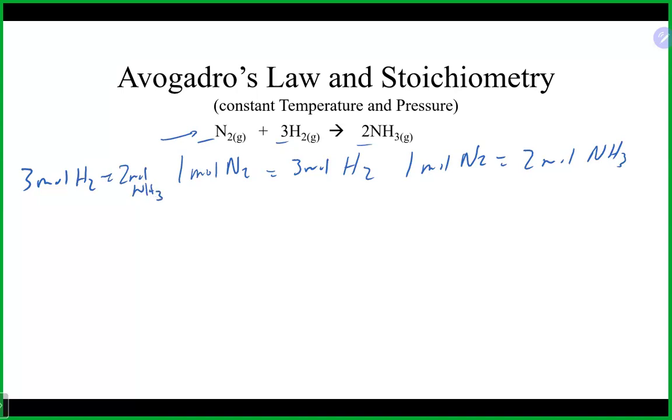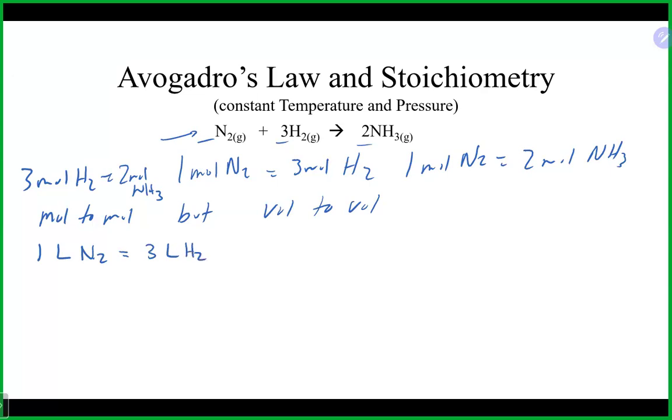But under these conditions, if we're dealing with a gas under constant temperature and pressure, we could actually do not necessarily a mole-to-mole relationship, but a volume-to-volume relationship. What that would look like, for example, is we could go to this equation and say for every 1 liter of N2, we would put in there 3 liters of H2.